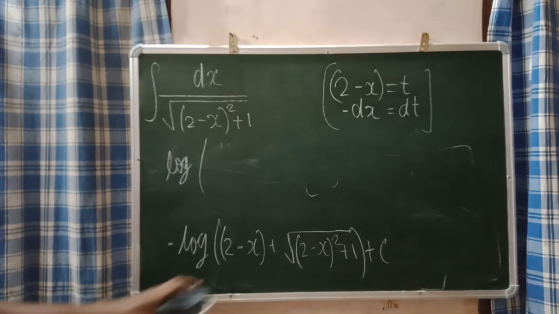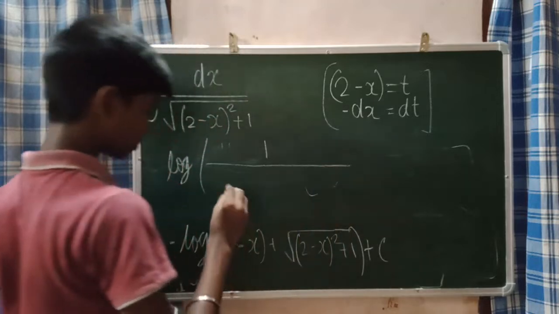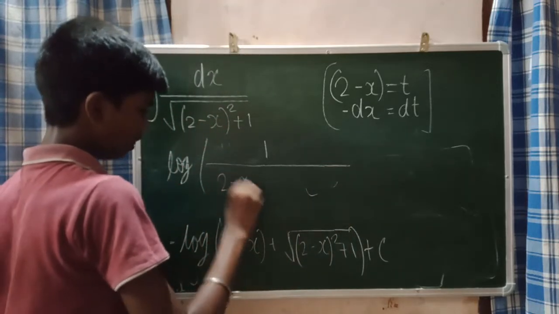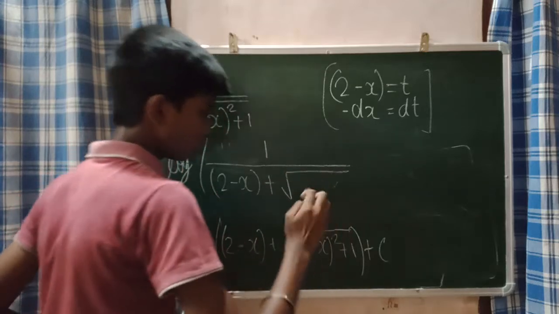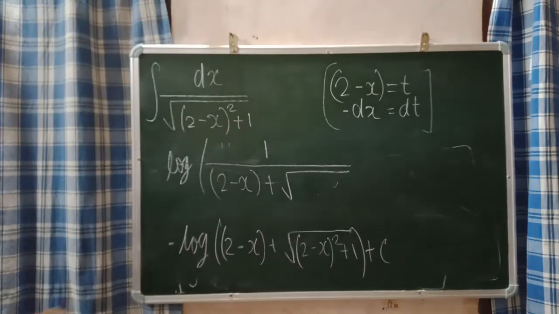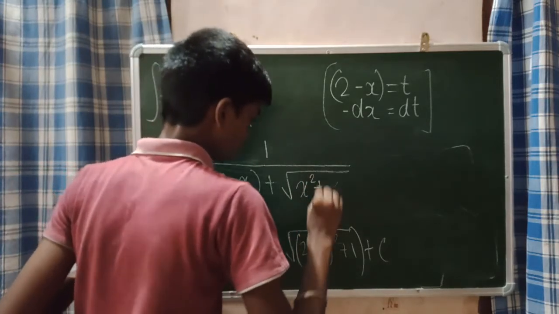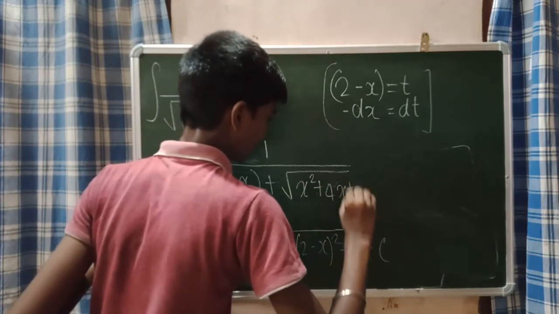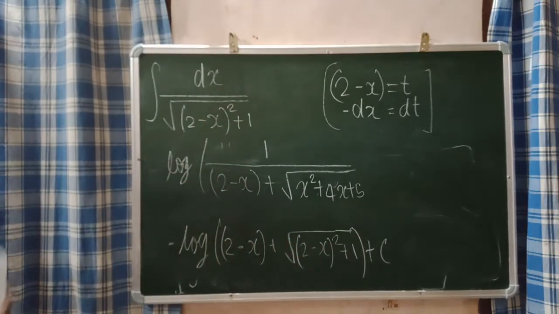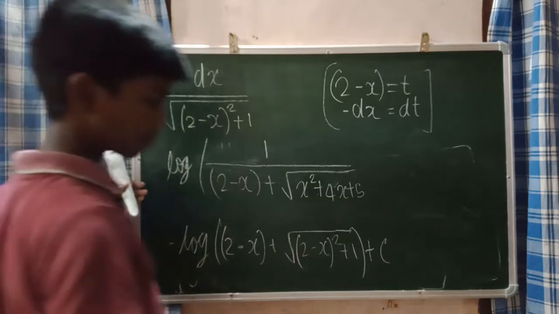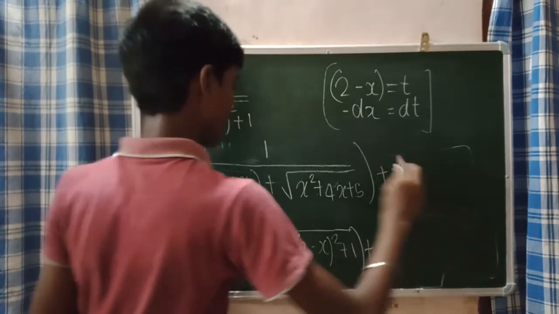So I can write it as log of 1 by 2 minus x plus the square root of (2 minus x) whole square plus 1. And (2 minus x) whole square plus 1 will be x square minus 4x plus 5. Just check it out. Then plus some constant is the answer for the question.